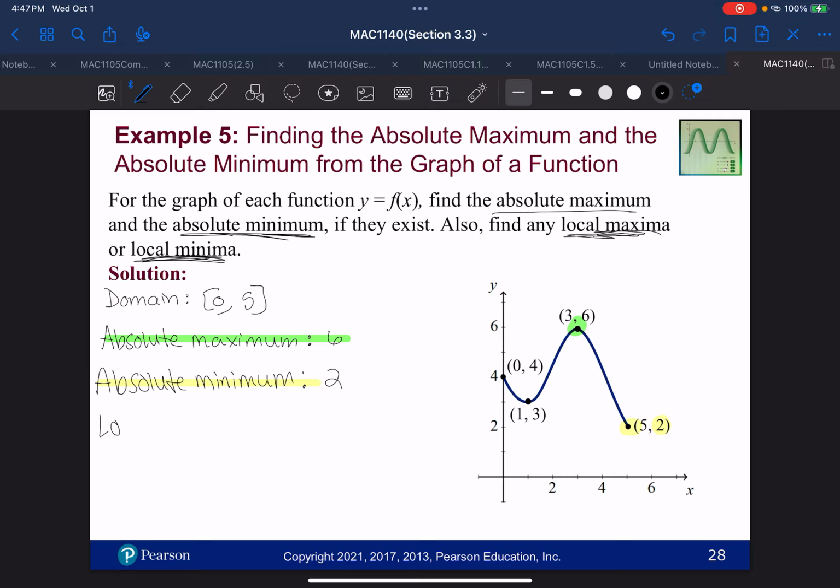Okay, and then local maxima. This is going to be any of the peaks in the middle of my endpoints. So this would be at x equals 1, and that value would be 6 as well. And then the local minima will be any of the dips.